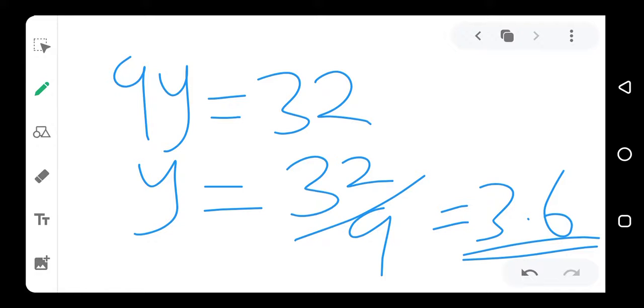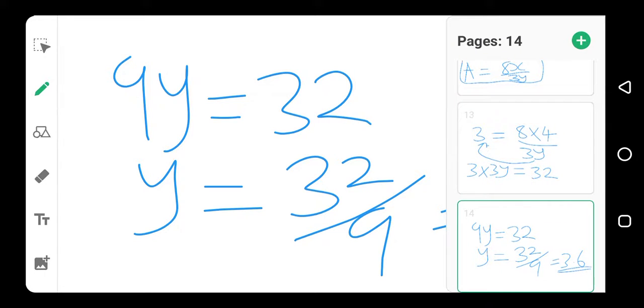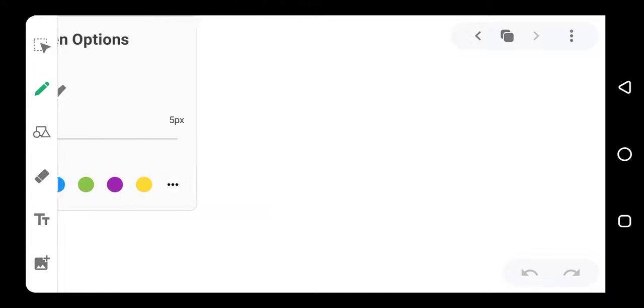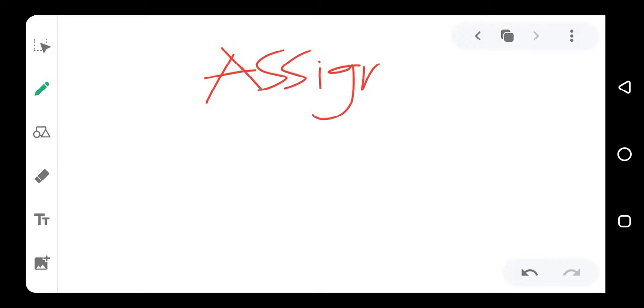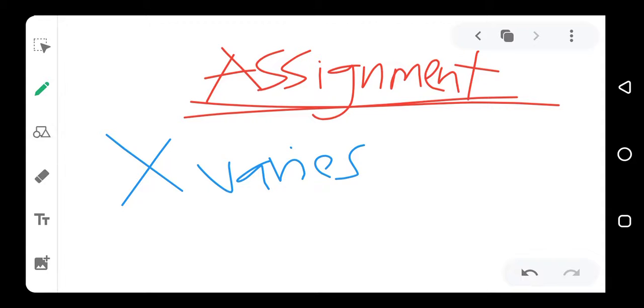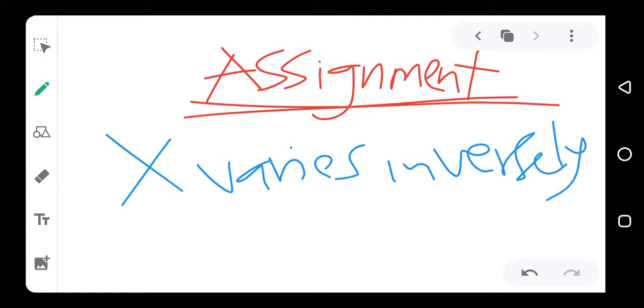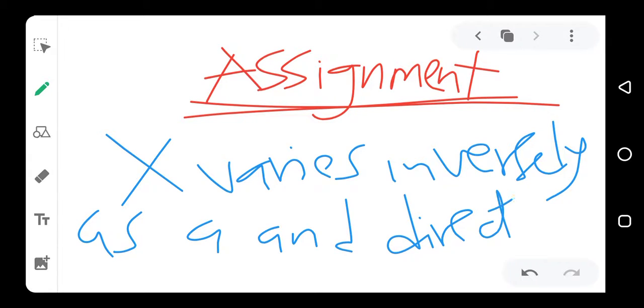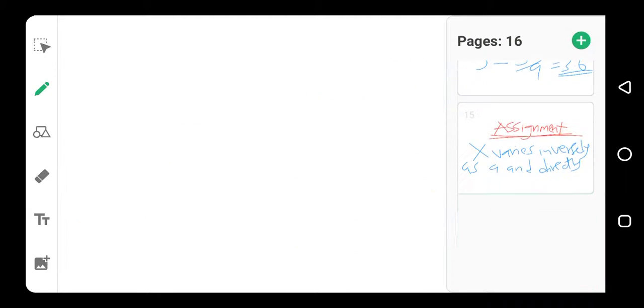Now let's look at our assignment. In the assignment, we have that x varies inversely as a and directly as b.